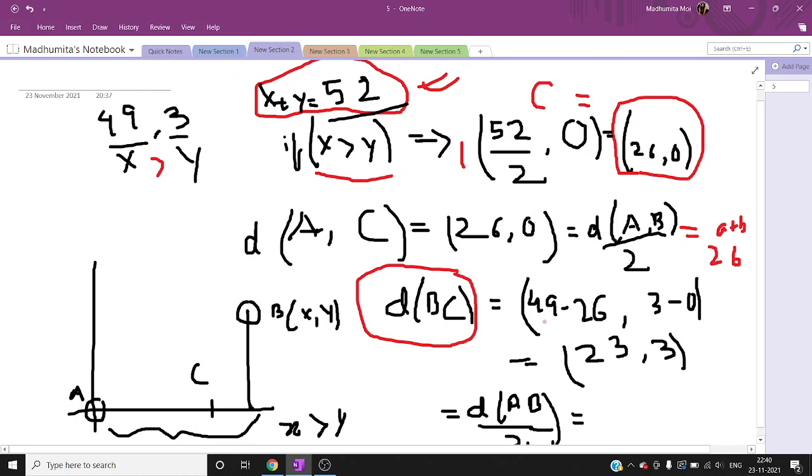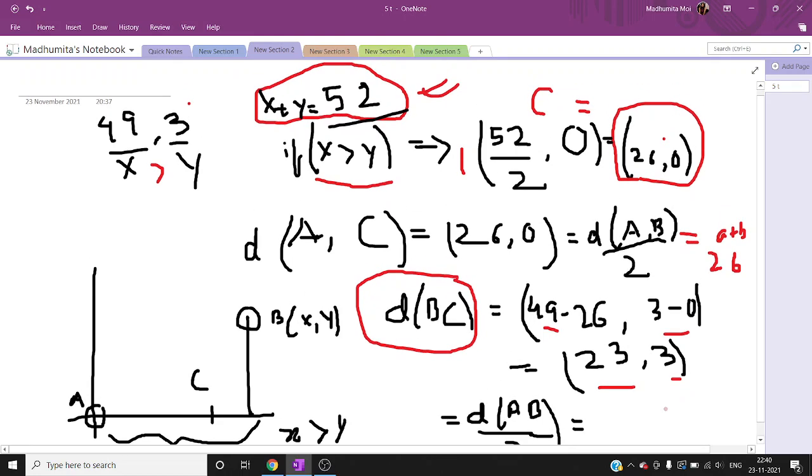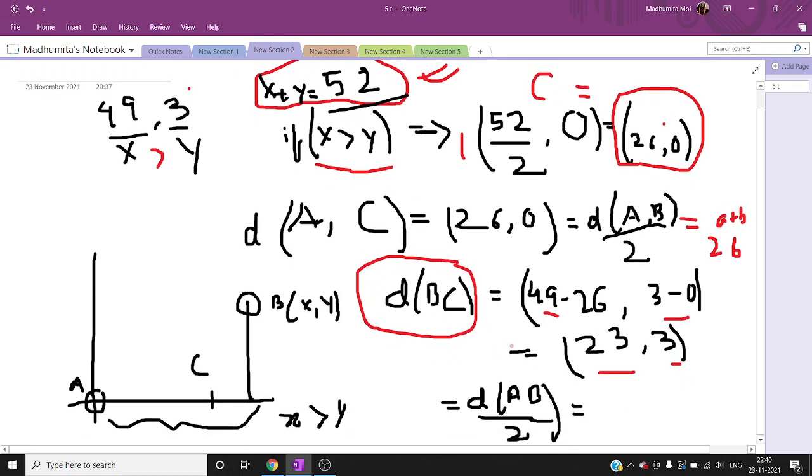In this case it's 49 minus 26 comma 3 minus 0. What is the distance? 23 comma 23. Now the distance of B to C should also be equal to the distance of A to B by 2. Now what is the distance of A to B, as we have inferred over here? 26.